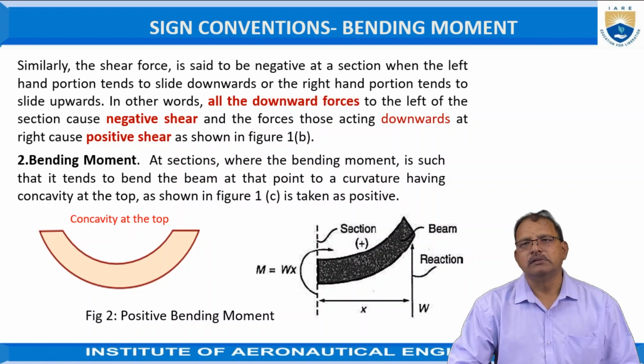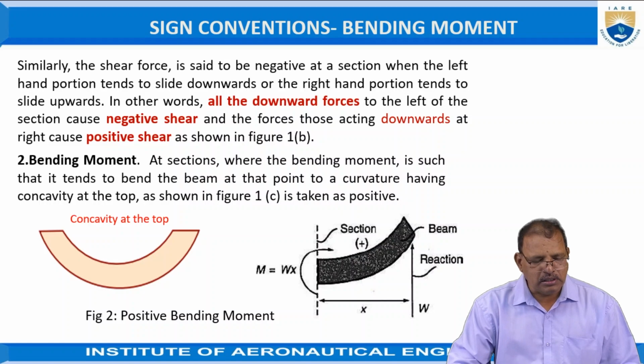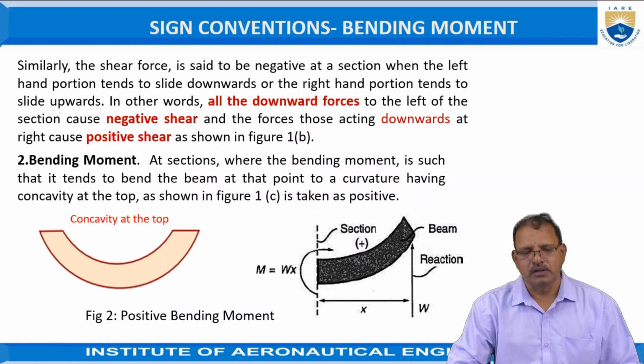Bending moment. At the section where the bending moment is such that it tends to bend the beam at that point to a curvature having concavity at the top, as shown in figure 1C, it is taken as positive.